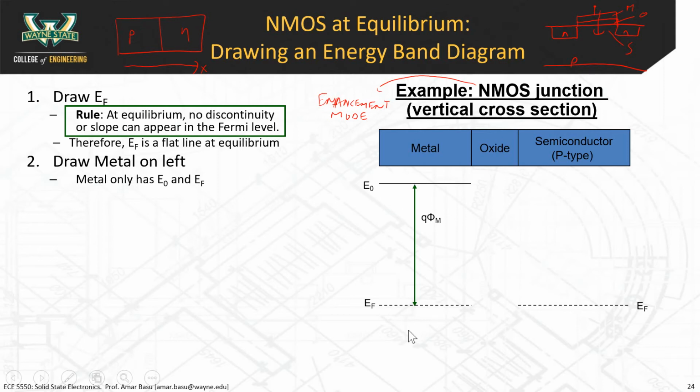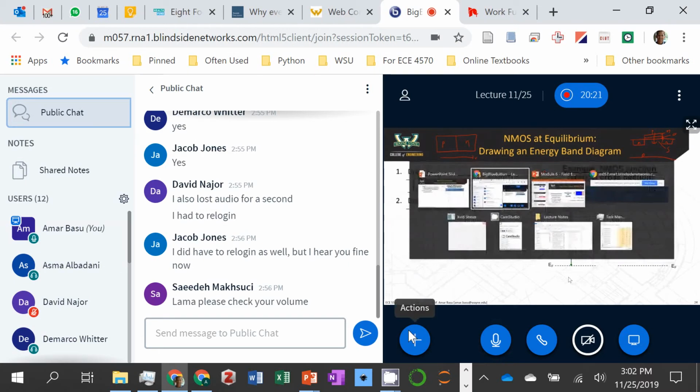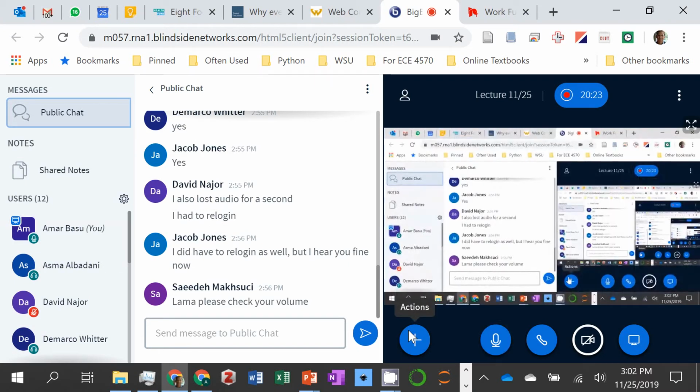Typically the metal work function is obtained using physics experiments. Let's see if anyone remembers what experiment is used to find the metal work function. You can just put it in the chat, or just blurt it out. It's something we went over in module 2.